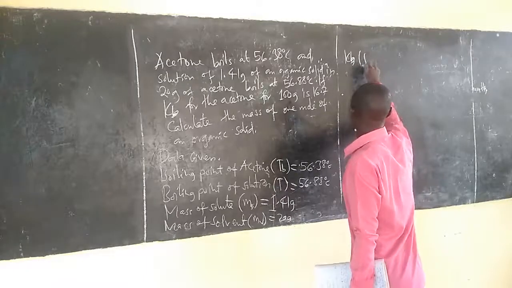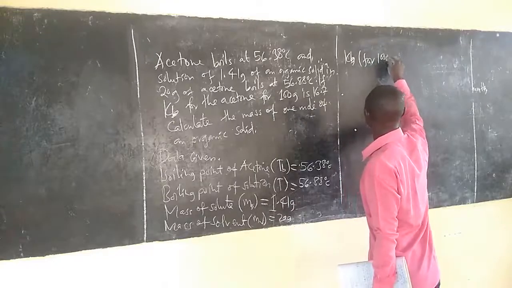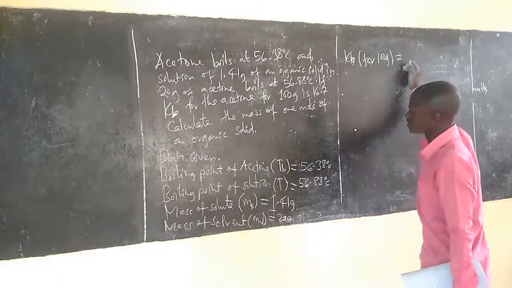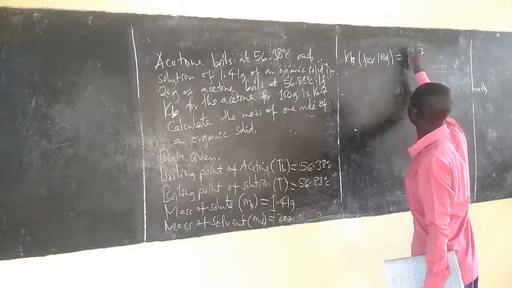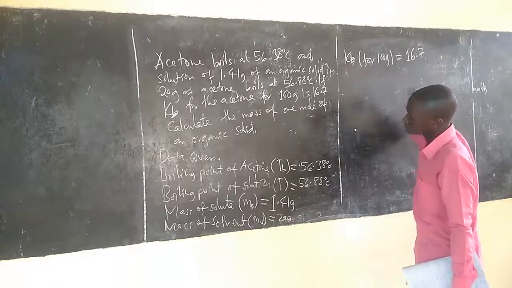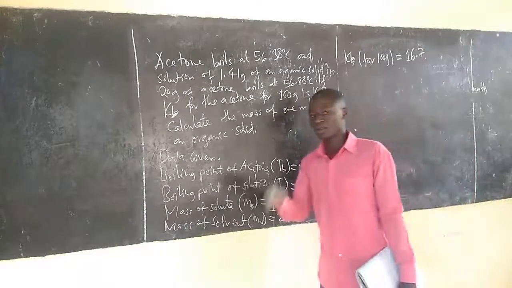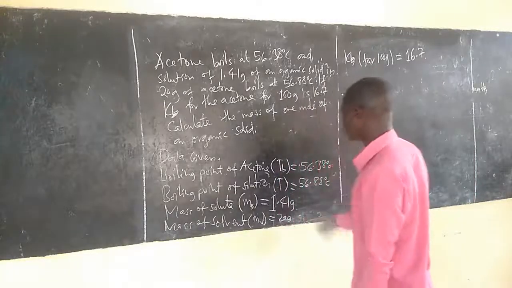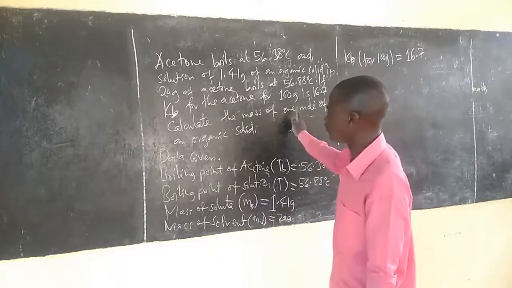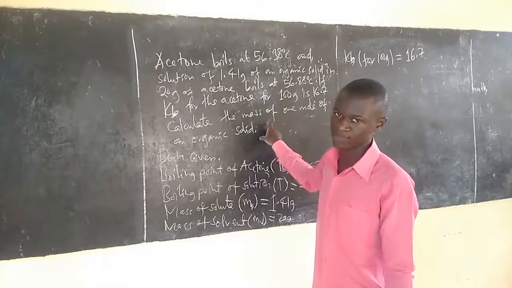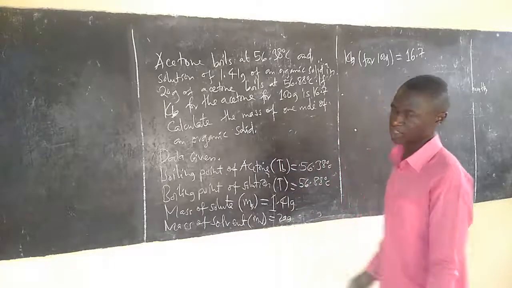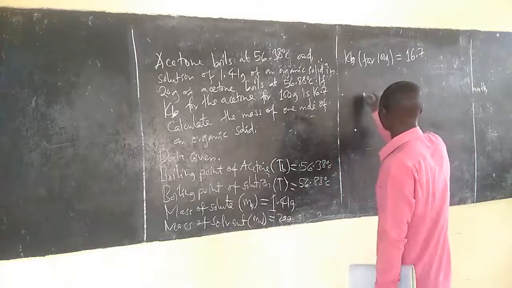Kb, remember this is for 100 gram, iko sawa na 16.7. So from there we are going to calculate mass of 1 mole of organic solid. Remember, mass of 1 mole of a substance is called the molar mass.